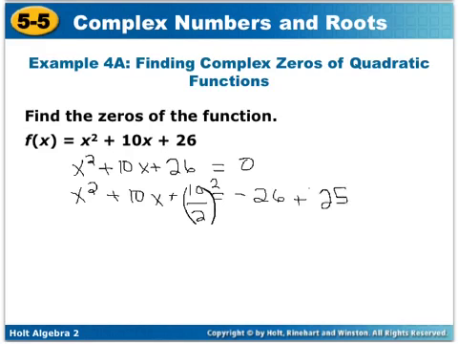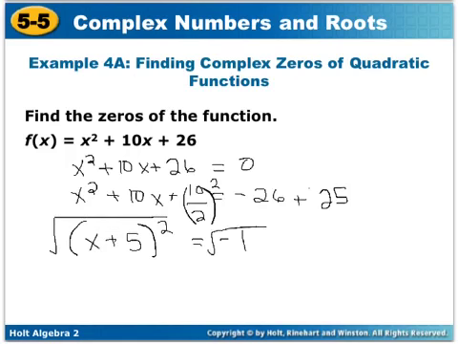Okay, complete the square. I'm going to get x plus 5 quantity squared equals -1. You see where we're going with this? x plus 5 equals plus or minus i, because the square root of -1 is i. So x equals -5 plus or minus i.